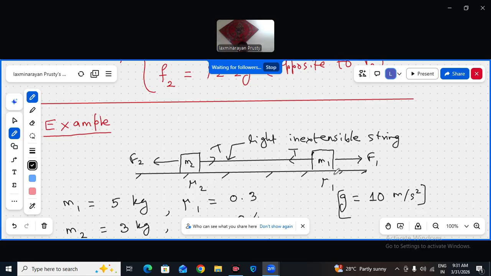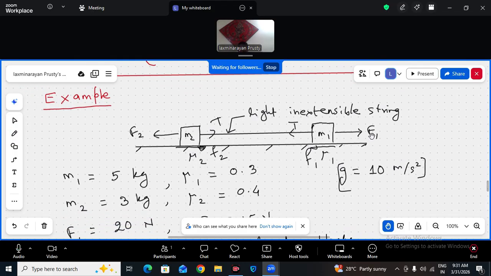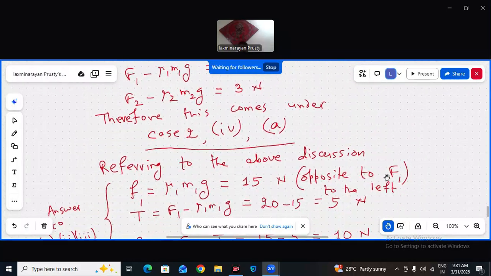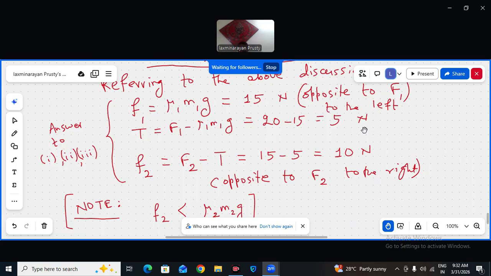this F1 has reached the maximum friction force. F1 is the maximum friction force. We have discussed this now. So this is 20 Newton. This maximum is 15 Newton. So tension will be 5 Newton.